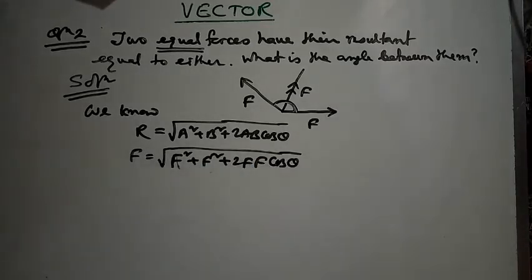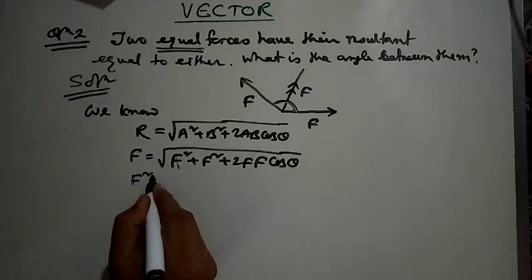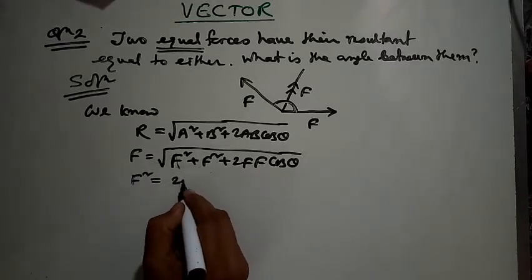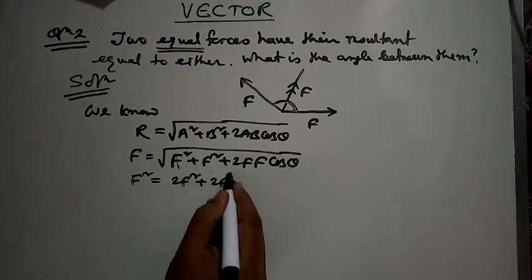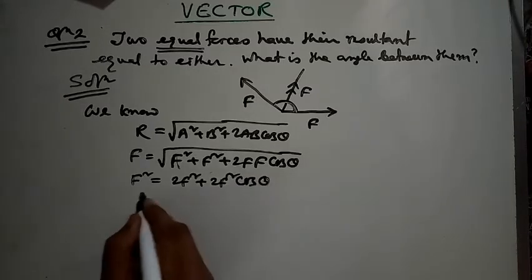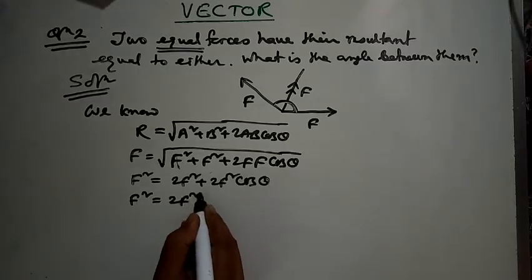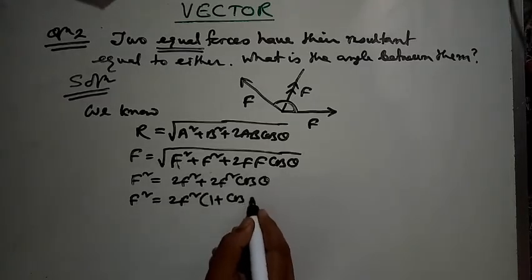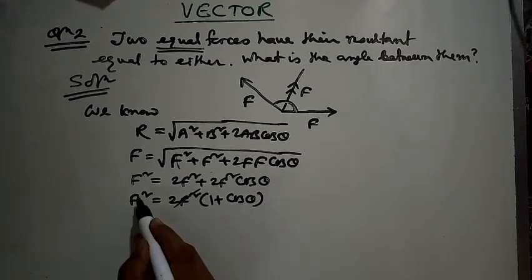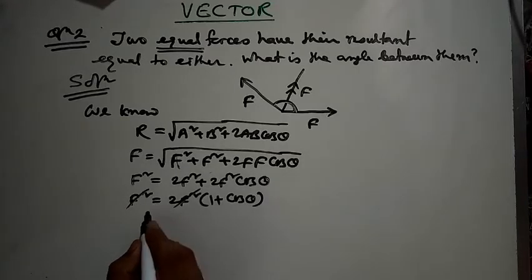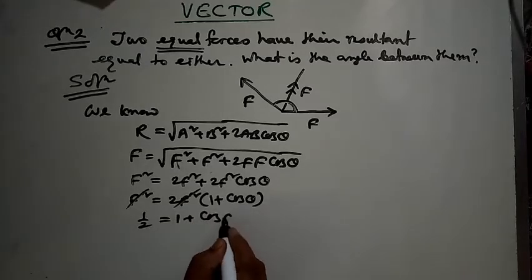So F square equals 2F square plus 2F square cos theta. Taking 2F square common, 1 plus cos theta. F square can be cut down, so 2 can be brought down, 1 plus cos theta.